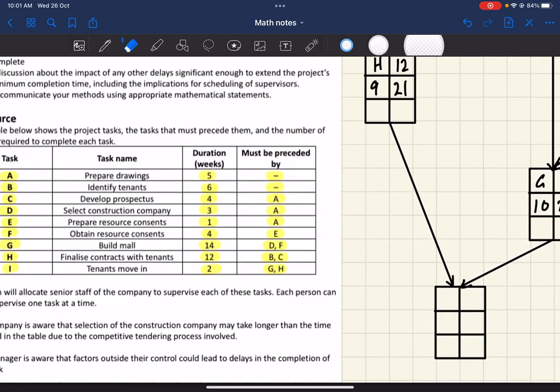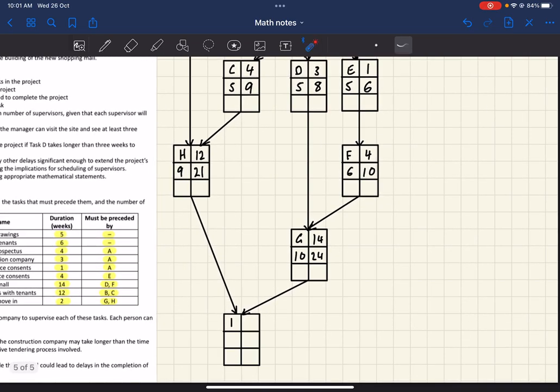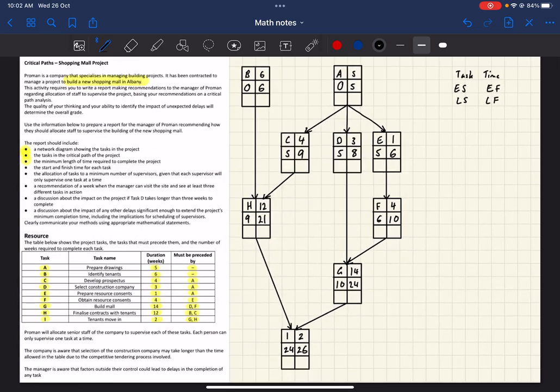That is I. Now it comes after G and H, so both of them have to have finished. They've both finished at 24, take the bigger number, so it starts at 24. I takes 2 weeks, so it would finish at 26 weeks. Okay.